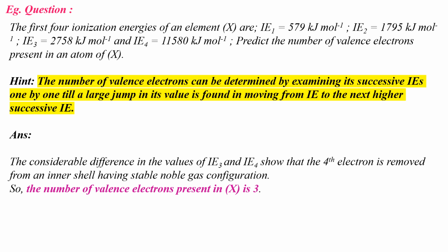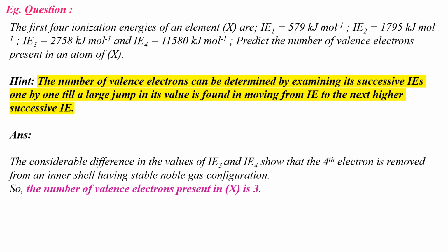Using these values we must arrive at the number of valence electrons present in an atom. The number of valence electrons can be determined by examining its successive ionization enthalpies one by one till a large jump in its value is found in moving from one ionization enthalpy to the next higher successive ionization enthalpy.